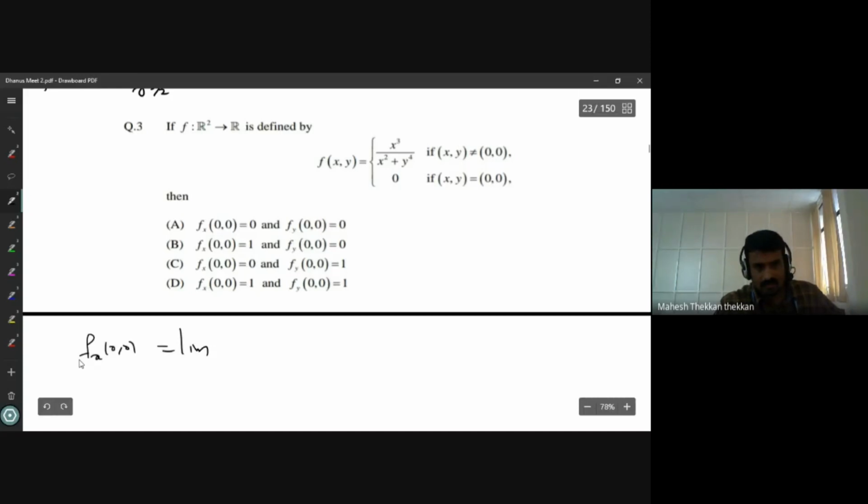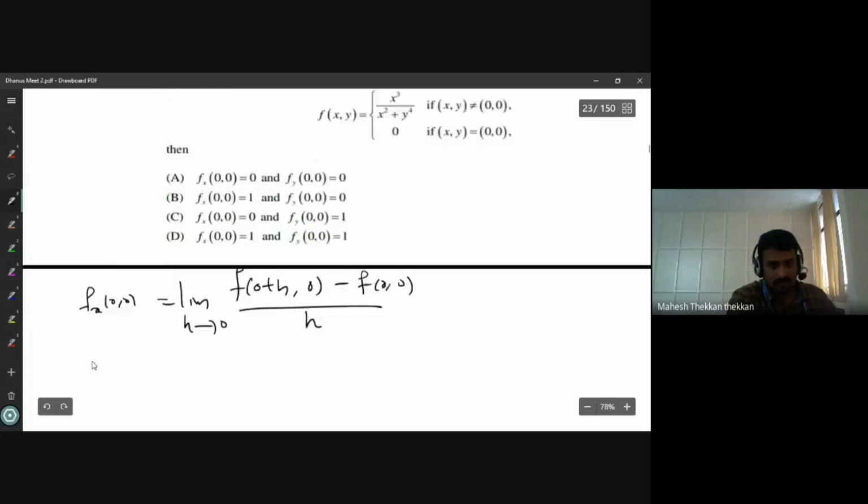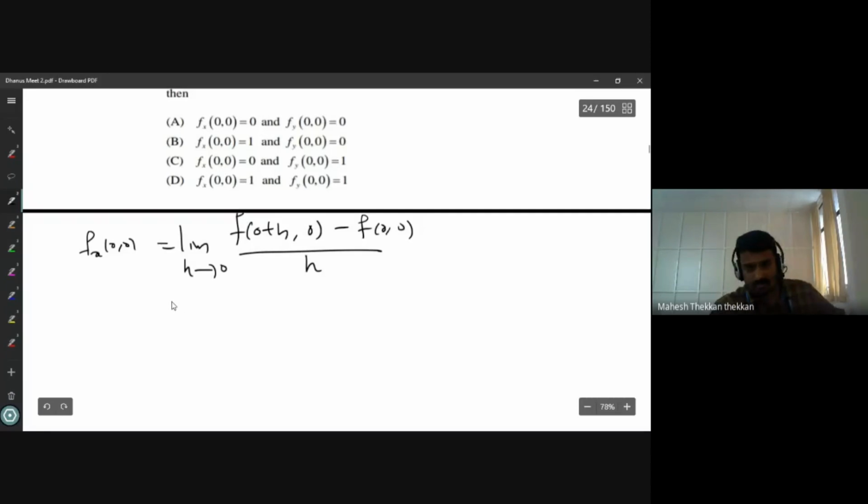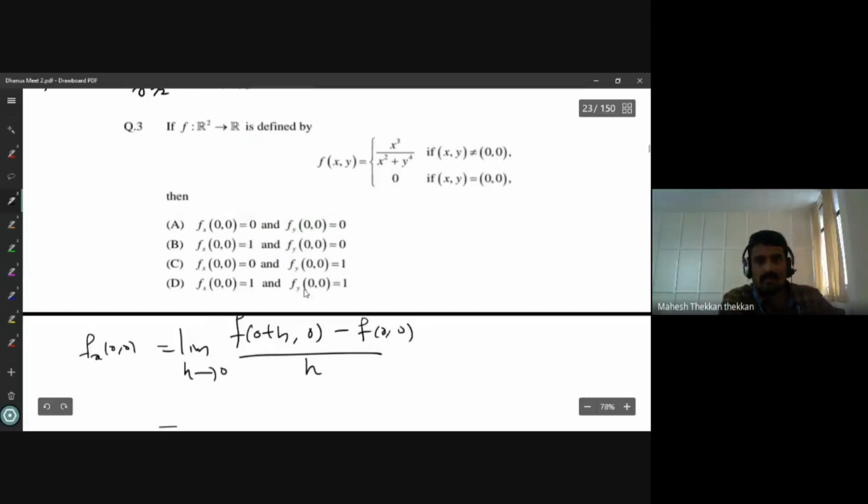This is limit h tending to 0, f of 0 plus h, 0 minus f of 0, 0, divided by h. What is 0 plus h? So you have h cube in the numerator, right?